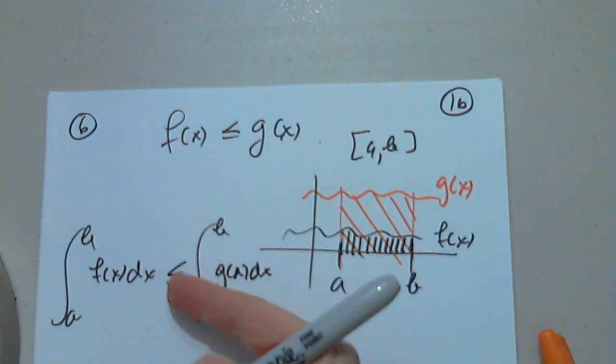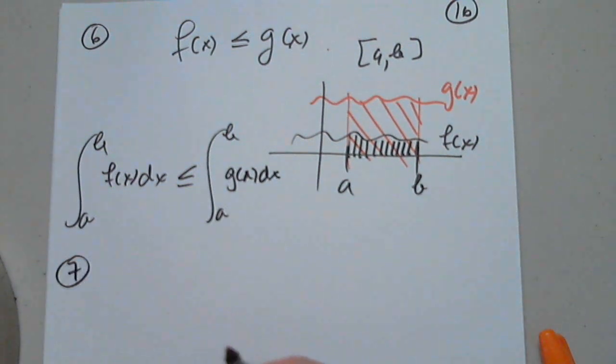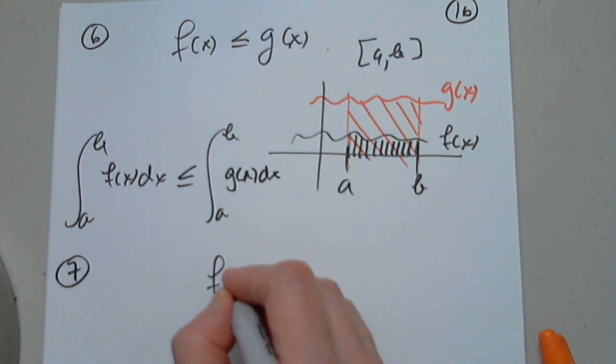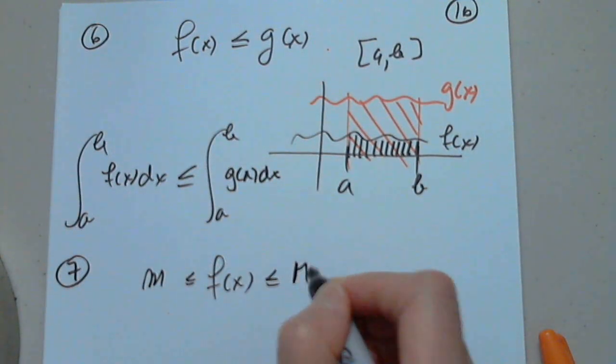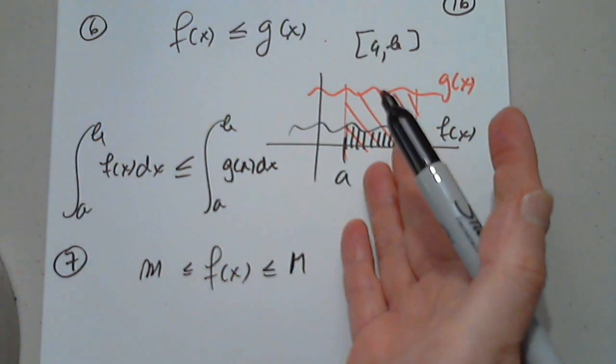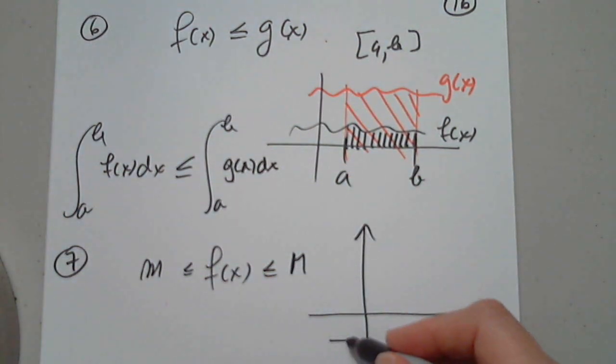So the symbol stays. Okay, last one, and I promise this is the last one. What if I know or I see that the function is between 2 numbers? Same idea.